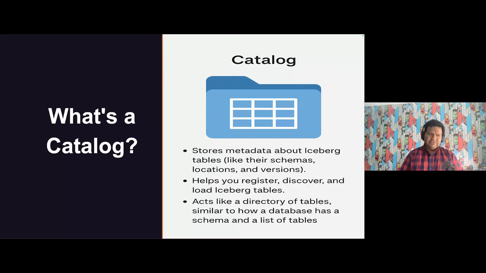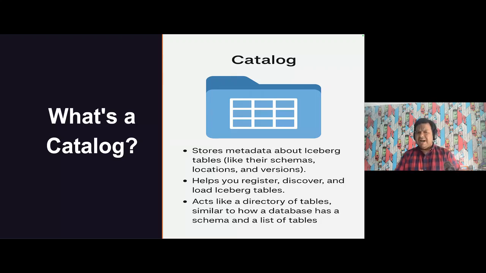Which catalog you choose depends on what query engine you intend to use. There is the Hadoop catalog, which works with Trino, formerly known as the Presto query engine. There is Tabular IO, a catalog which works with Databricks. Then you have Hive Metastore, I believe, that works with Google BigQuery.